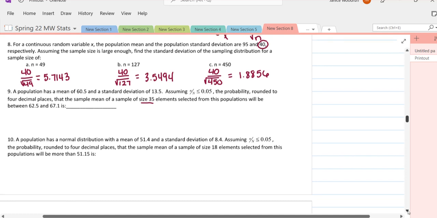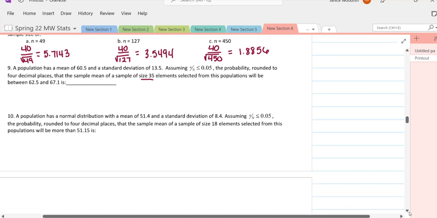So this is chapter 7. So let's identify what we're working with here. We have a sample size of 35. We have a mean of 60.5. We have to find the standard deviation of x bar.